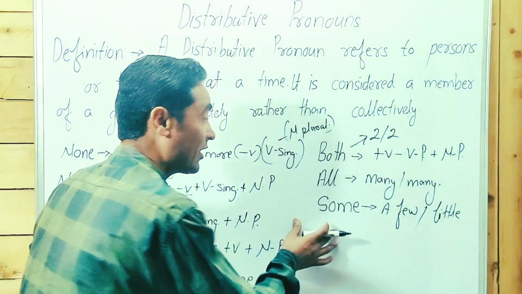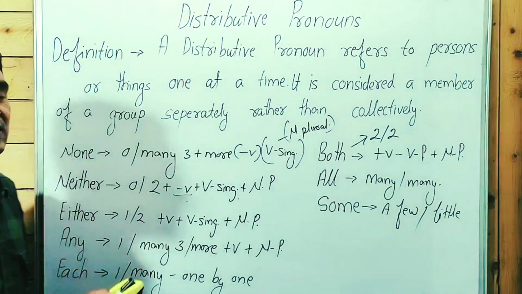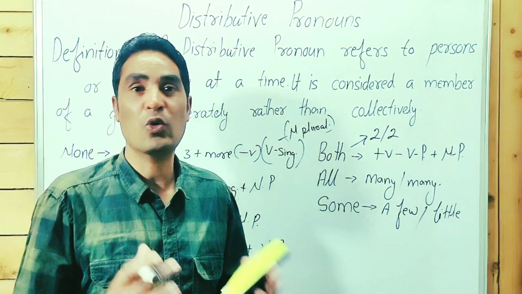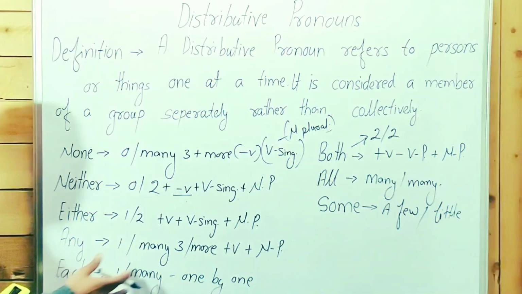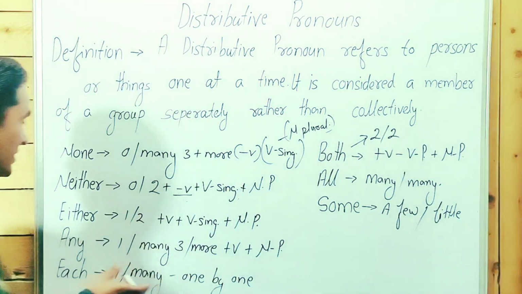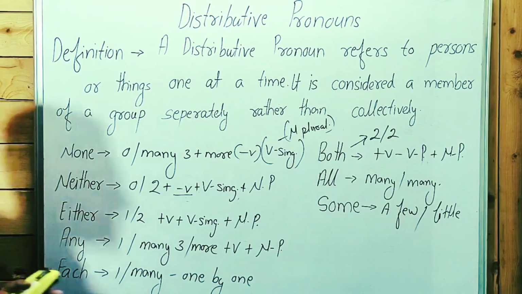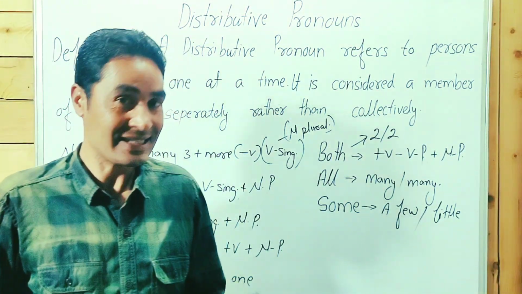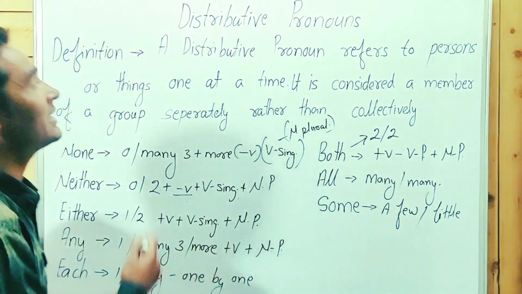So I hope you understood. Okay, if you have any doubt, please feel free to ask questions through the comments. Okay, let me write some examples in the next slide. With the help of examples, we will learn about uses of distributive pronouns: none, neither, either, each, any, all, some, and both, etc. Okay, for better understanding, let me write some examples.